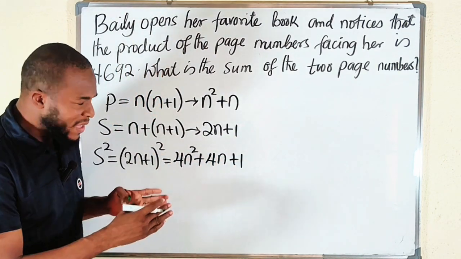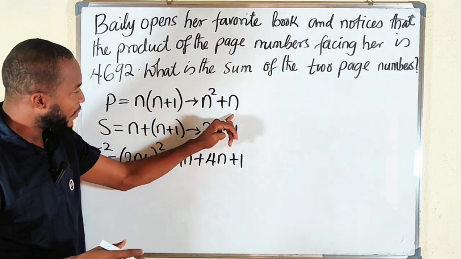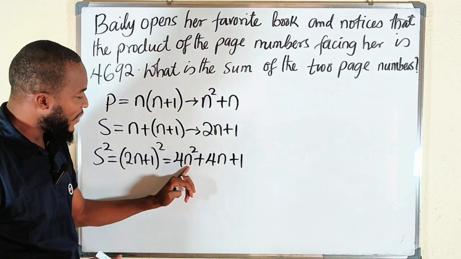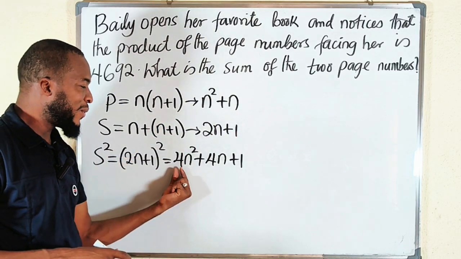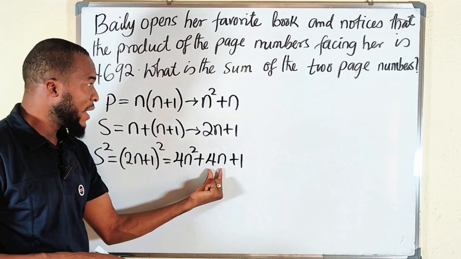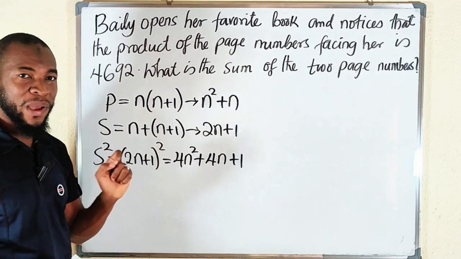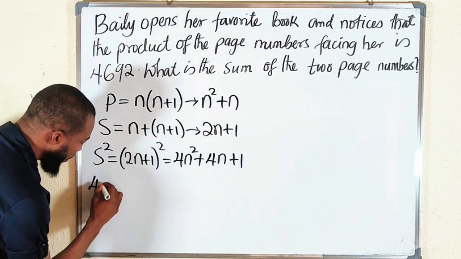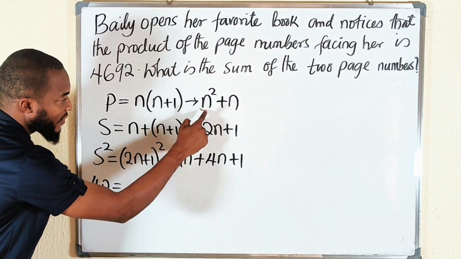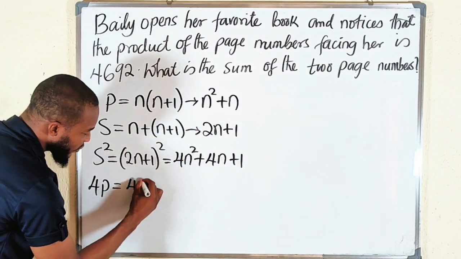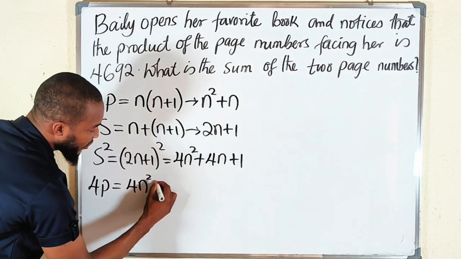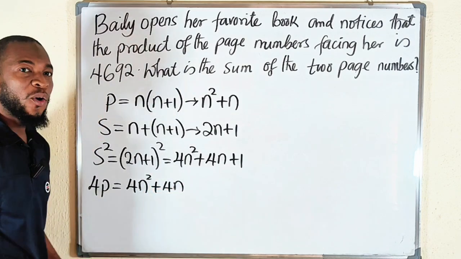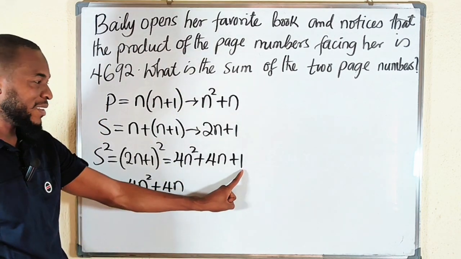So can you see any kind of relationship? We have n, we have n squared. We have n, we have n squared. But they have a coefficient of 4. This means that we can multiply p by 4. So if you multiply p by 4, you're going to get this term times 4, which is 4n squared. This times 4 is going to give us 4n. They are almost exactly the same, right? Just a difference of 1.